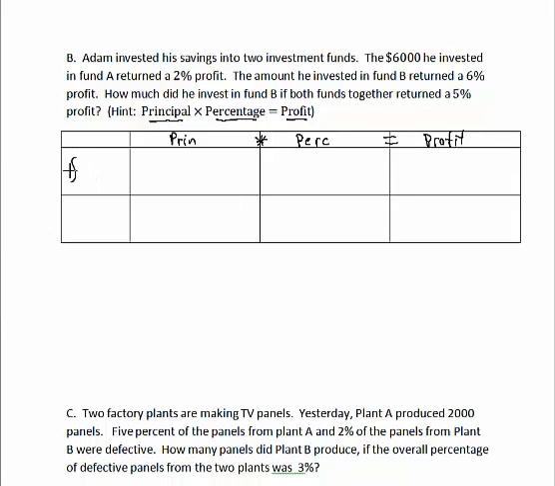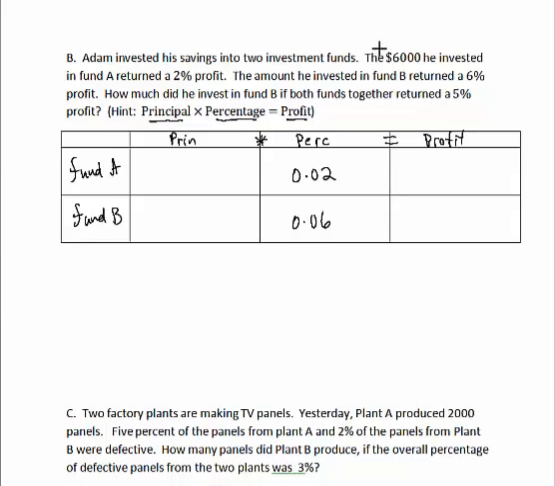And then we have two funds, Fund A and Fund B. We're given the interest rates straightforward, 2% for Fund A, so 0.02, 6% for Fund B. And now we have to get clever and use our variable in a way that allows us to finish this principal column.